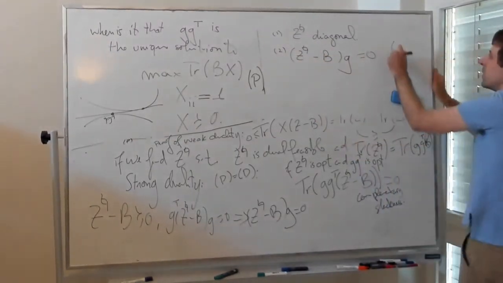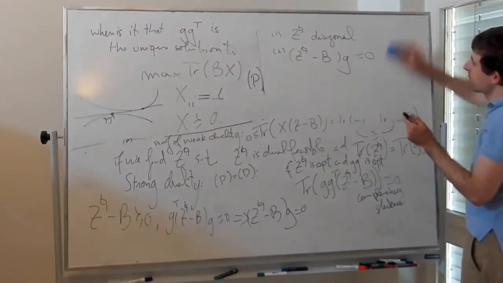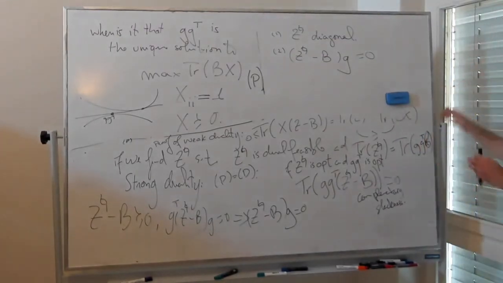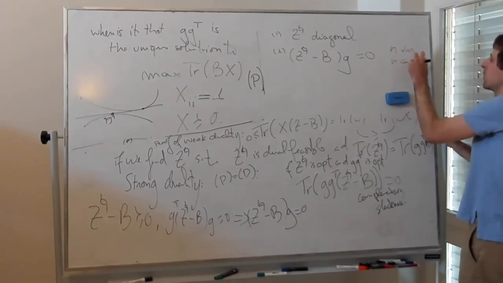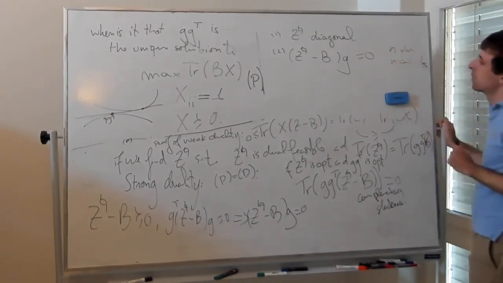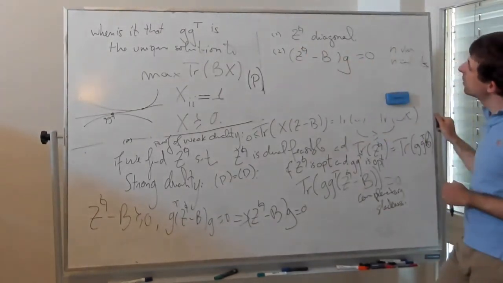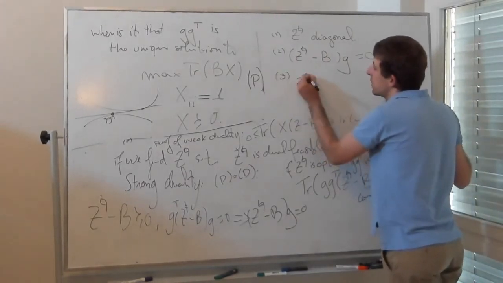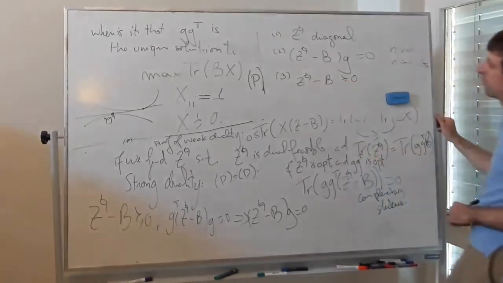Notice how this is n constraints, and we have n variables, because the diagonal gives n variables. And of course, we need it to be feasible, so we need Z natural minus B to be positive semi-definite.